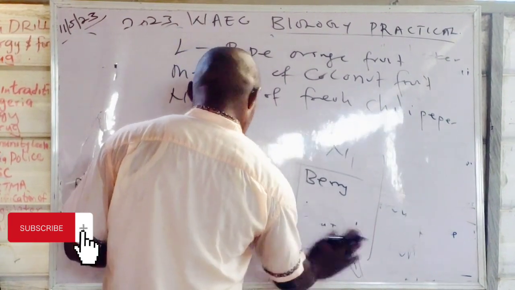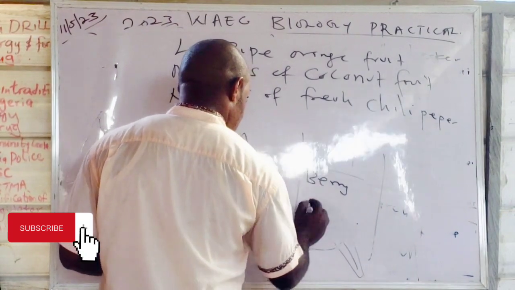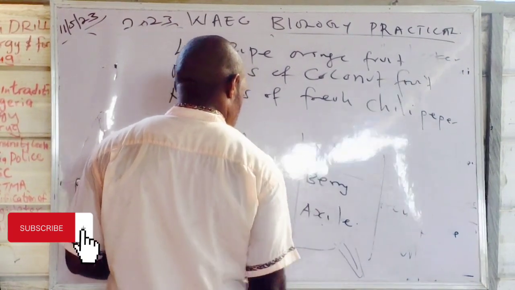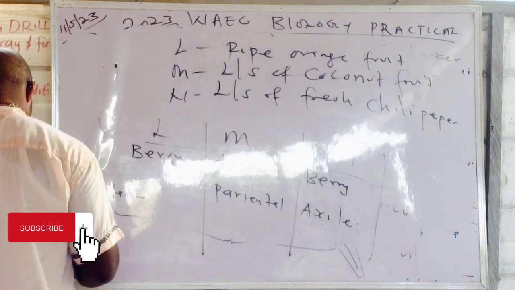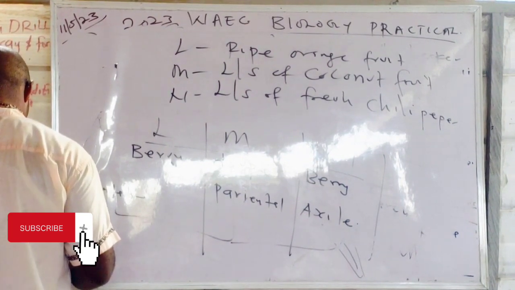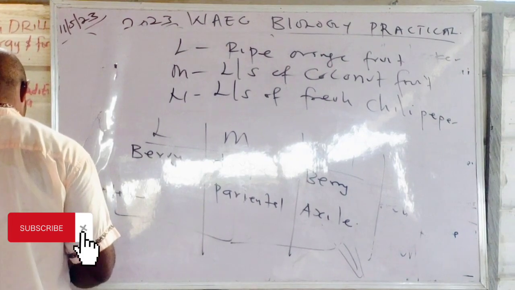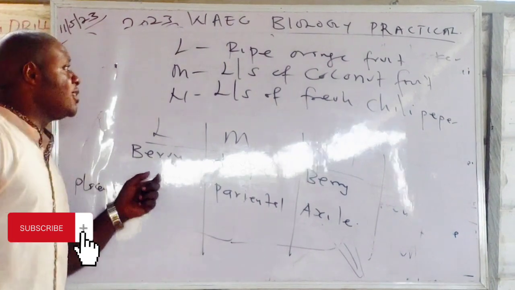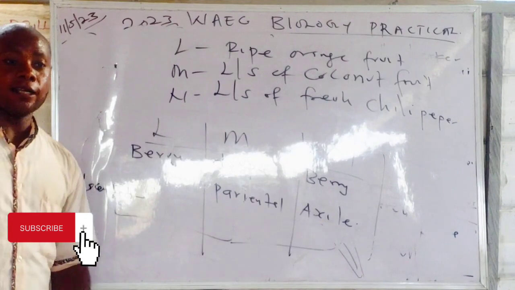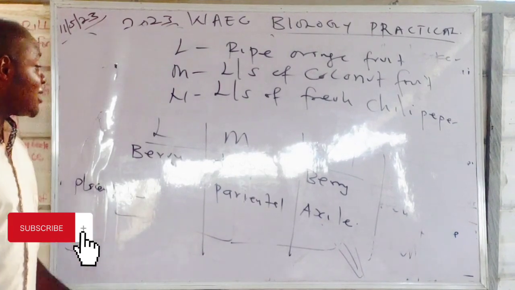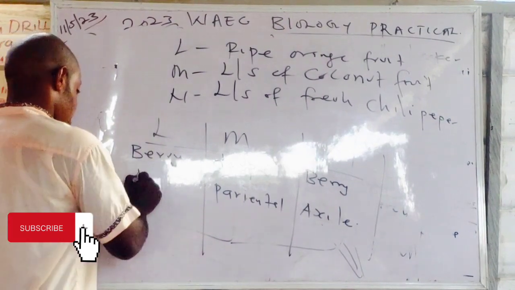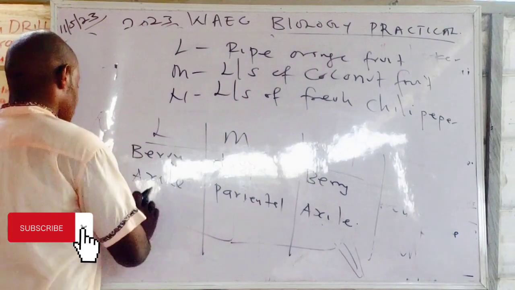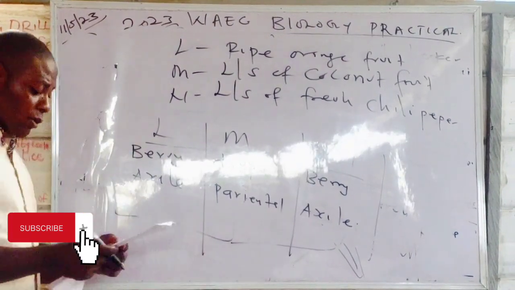N undergo axile placentation. Now, what type of placentation can we find in orange? Orange, in the middle, so you see axile placentation. Are you there with me now?